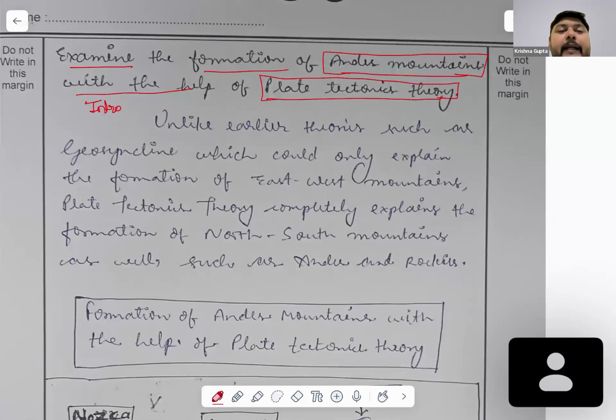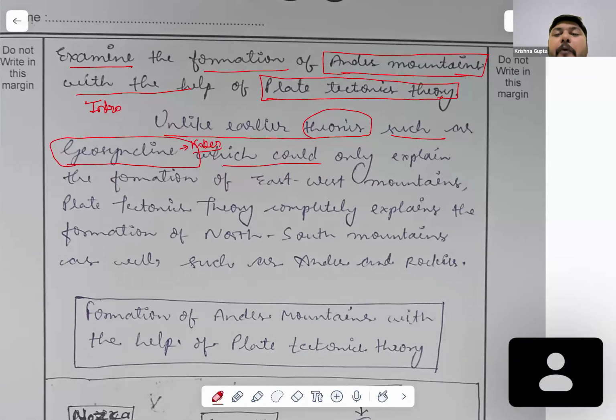Now, here we'll be looking at, unlike the earlier theories, such as the geosyncline. You can add here about the geosyncline, like you can add here Kober, which could only explain the formation of east-west mountains, like Himalayas.